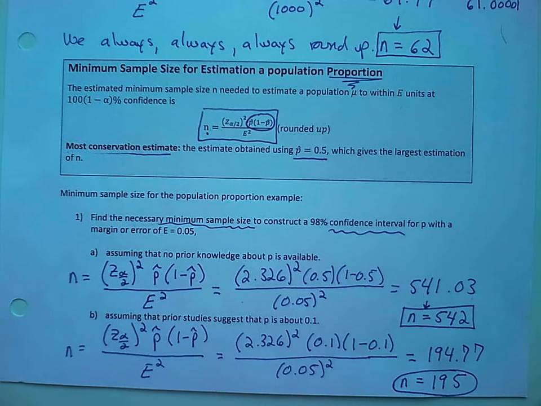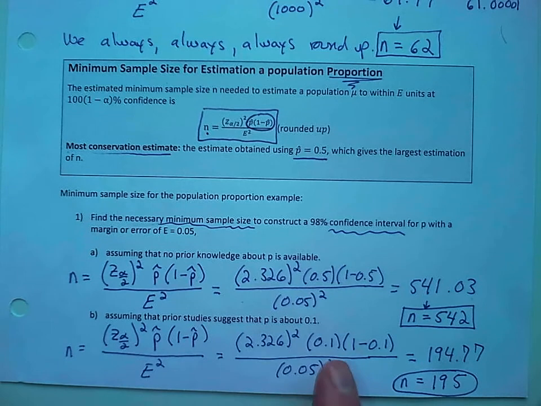So let's take a look at these two numbers. If we had some estimate for what p hat is, here it just happened to be 0.1, the minimum sample size that we needed was 195.